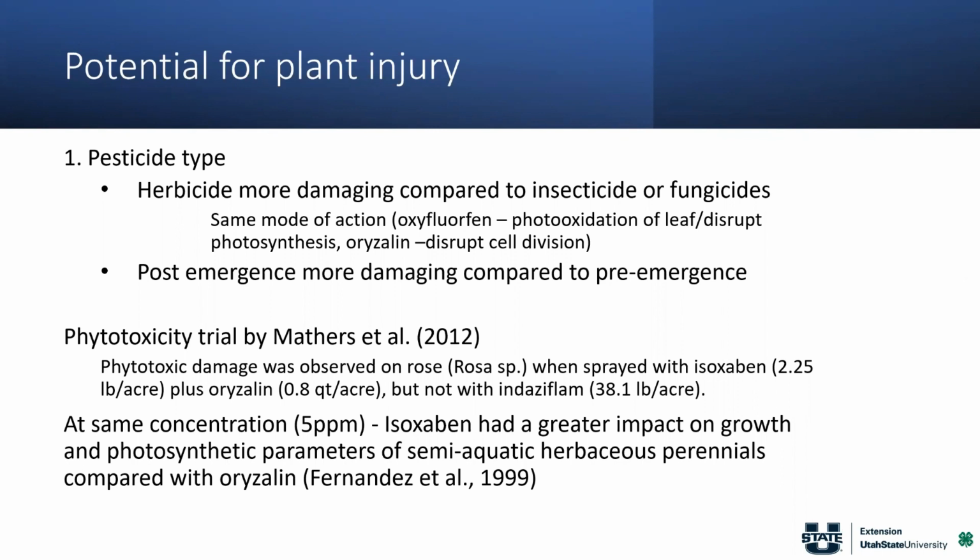So usually it might, but usually insecticide or fungicide are less damaging compared to herbicide residues. Now, post-emergent herbicides are more damaging compared to pre-emergence, because when we're spraying, these plants are already emerged, and any post-emergence herbicide would damage those plants more compared to pre-emergence.